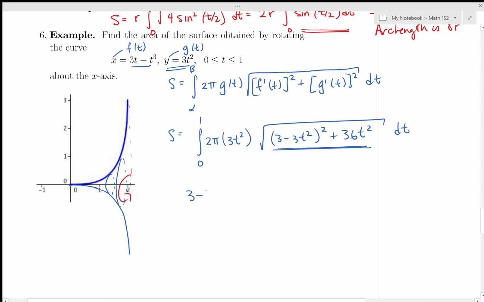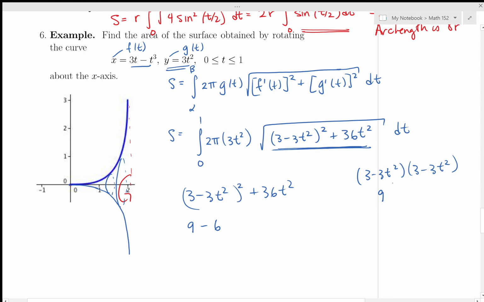So this is going to be 3 minus 3t squared, all squared, plus 36t squared. I'm going to square this out. That's going to be 9 minus, let's not make a mistake, 3 minus 3t squared times 3 minus 3t squared.